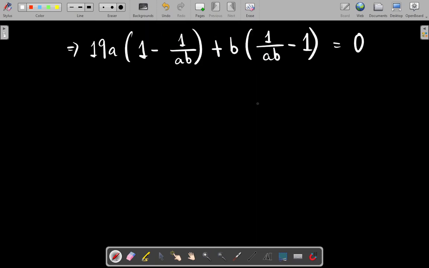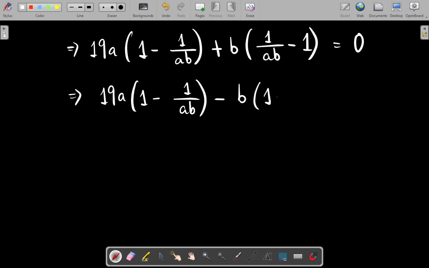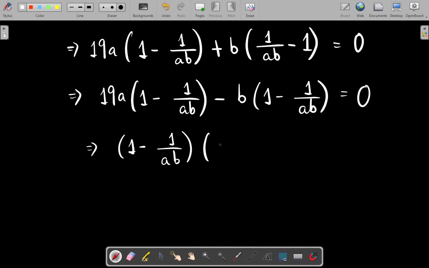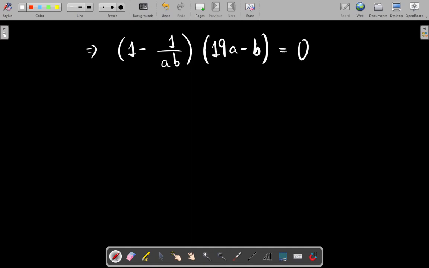We see that these two terms are exactly the same, with a difference in sign. If I take minus b common here, this becomes 19a times (1 - 1/ab), and minus b times (1 - 1/ab). So the equation is factored: (1 - 1/ab)(19a - b) = 0.